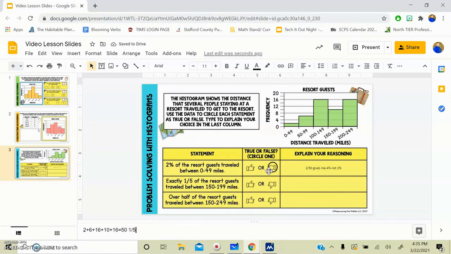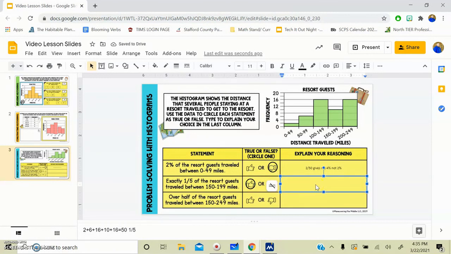So this statement is considered true. So I'm going to make a new circle. I'm going to put that around true. And then I can put 10 over 50 is equal to 1/5, because there were 10 guests from that distance out of 50 guests in total.